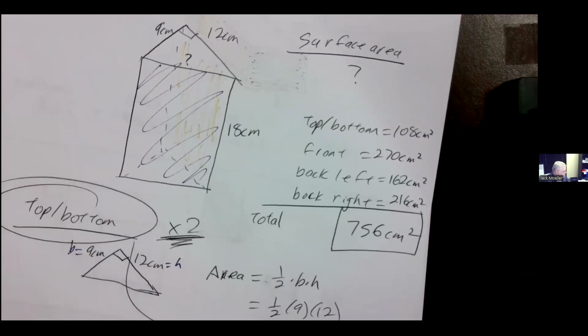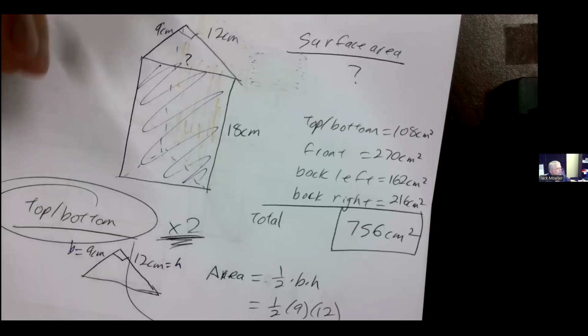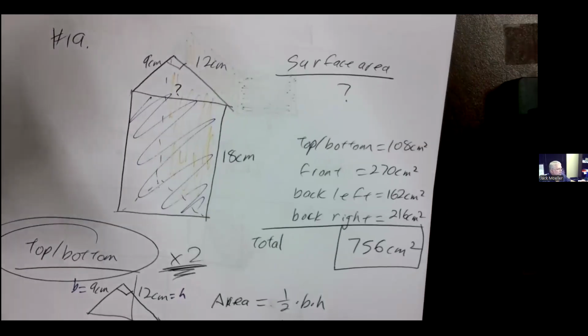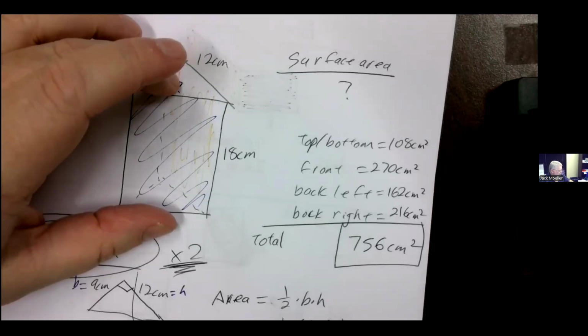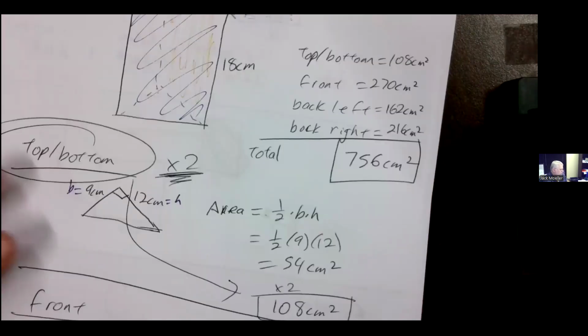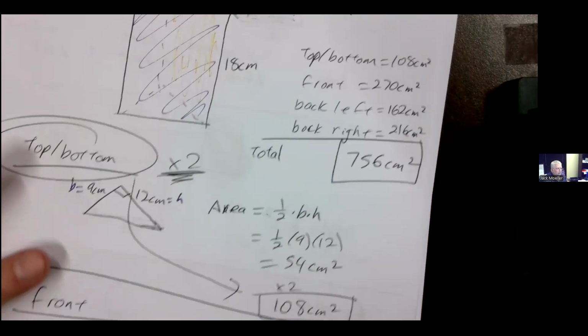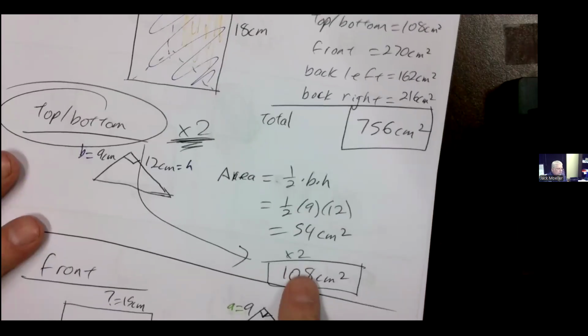Okay. So the key here is we're dealing with a three-dimensional object. We want the surface area, so we want all the outside areas. The top and the bottom were the same, and they're triangles. So we found the area of one triangle, and then multiplied it by 2 to get the top and the bottom.